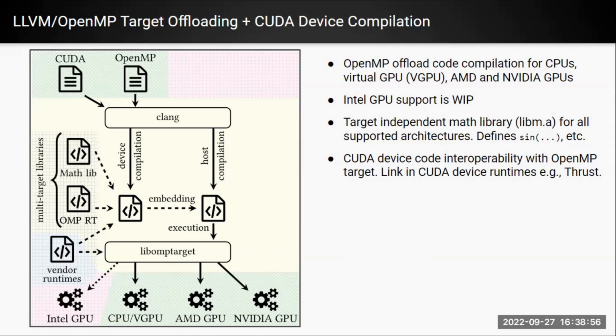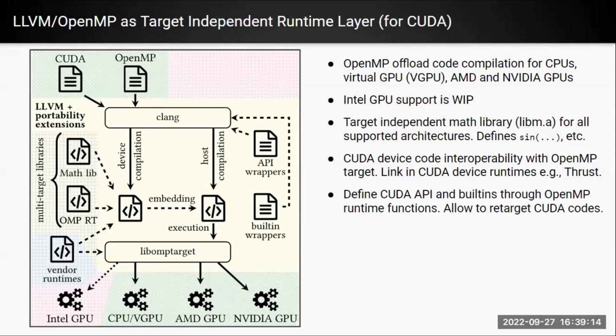By doing all of that, what I talked about earlier piecewise, we allowed calling CUDA device code from OpenMP, including things like Thrust, the device versions, and CUB. Okay, cool. So far, so good. Now, at this point, you can already call CUDA from OpenMP.